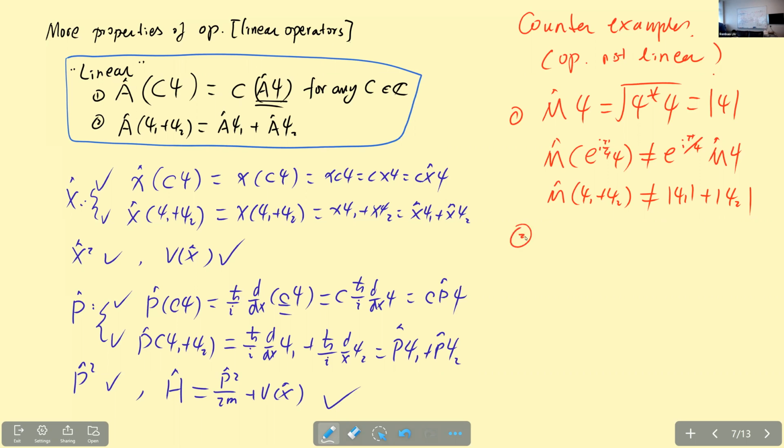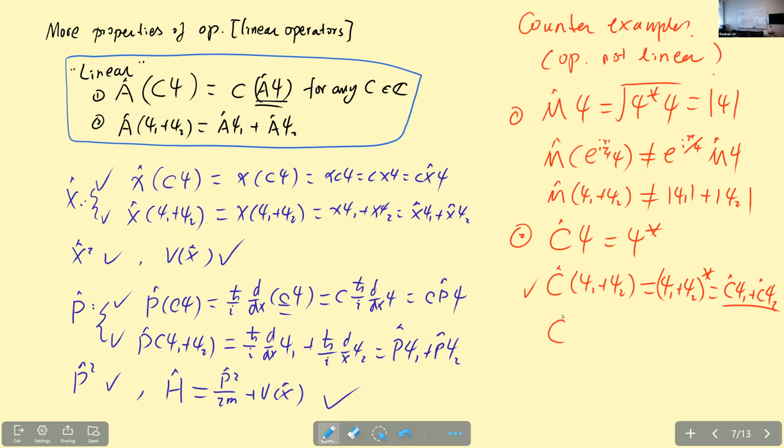So that means it does not satisfy either of the conditions, okay? Let me give you another interesting example. I call this one C, for example. C is nothing but taking the complex conjugate. That's even simpler, right? It looks like this one could be linear, but it's not actually. If we look at this one, the second condition is satisfied.